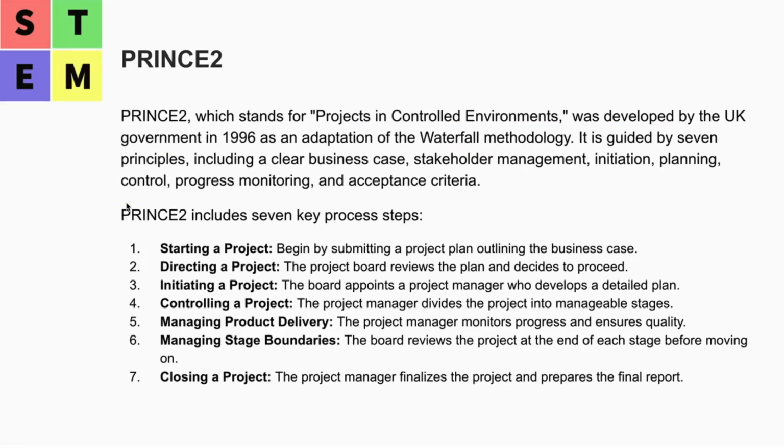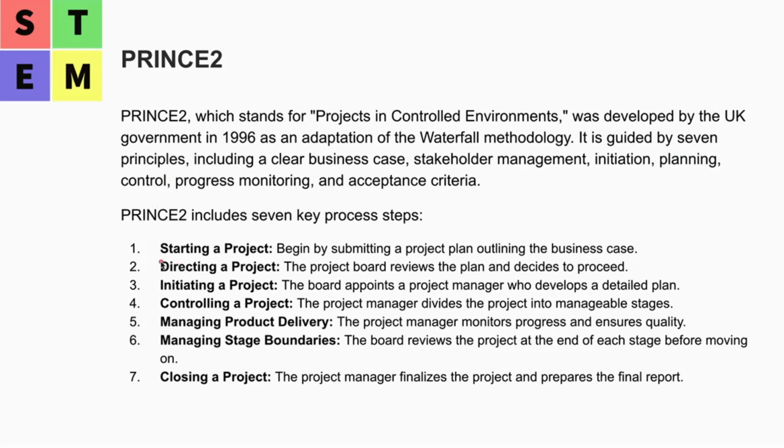And finally, we got PRINCE2. PRINCE2 stands for Projects in Controlled Environments. It was developed by the UK government in 1996 as an adaptation of waterfall, so it came after the waterfall methodology, and is guided by 7 principles.